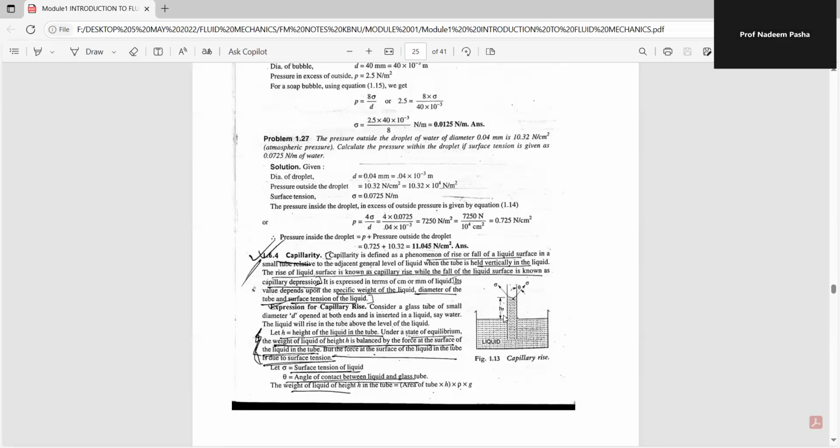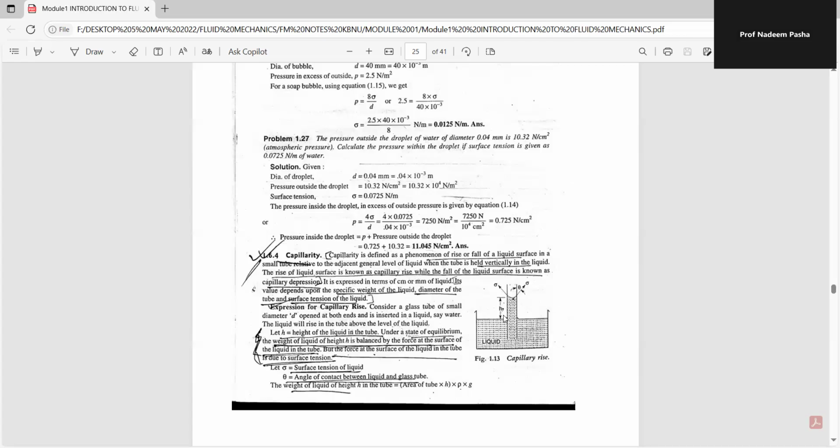Under a state of equilibrium, the weight of the liquid of height h is balanced by the force at the surface of the liquid in the tube. But the force at the surface of the liquid in the tube is due to surface tension. So how are we calculating the capillarity? We are assuming small h is equal to the height of liquid in the tube under a state of equilibrium.